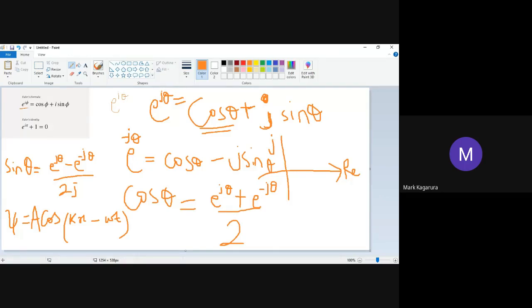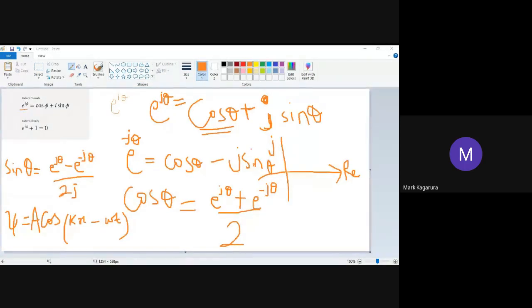So that is your wave function. And then what else did we have? I think there are two waves in that bit, but just looking at the cosine bits, you just have kx minus ωt.